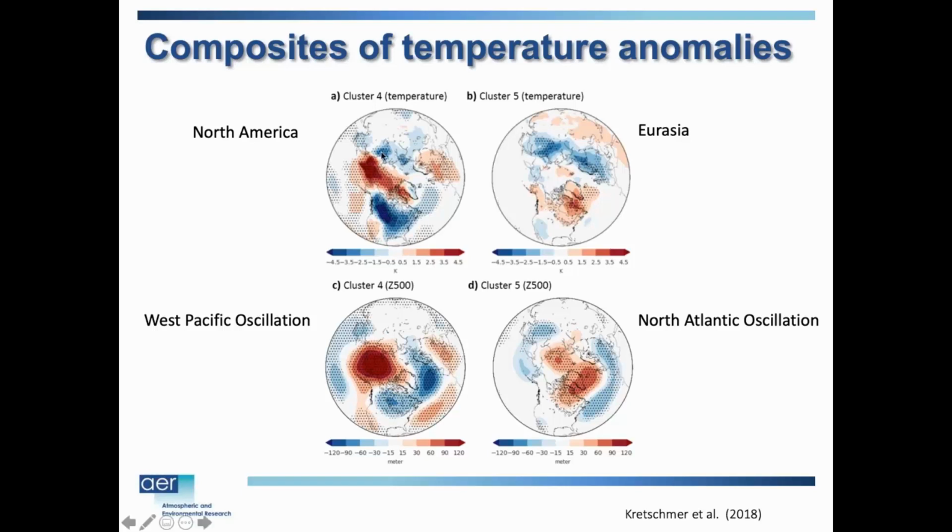But with cluster 4, you get more of a West Pacific Oscillation, with strong ridging near Alaska and eastern Siberia, and downstream troughing across the interior of North America. So it shows you why this circulation anomaly pattern is consistent with the temperature anomaly pattern.